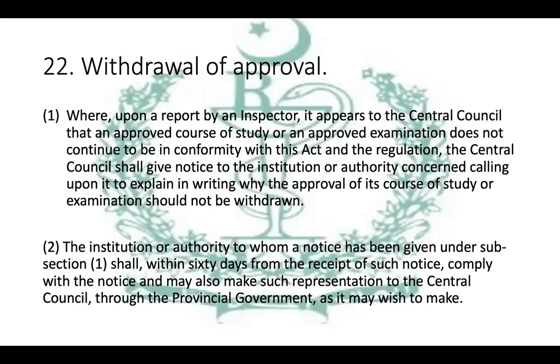They send a show cause notice that as per the visit of our inspector, they have found the following discrepancies and shortcomings. Now they have to call for an explanation in writing. So they get a show cause notice and have to reply accordingly. So first, in section 22(1), they have to send them a show cause notice as per the report of the inspectors.